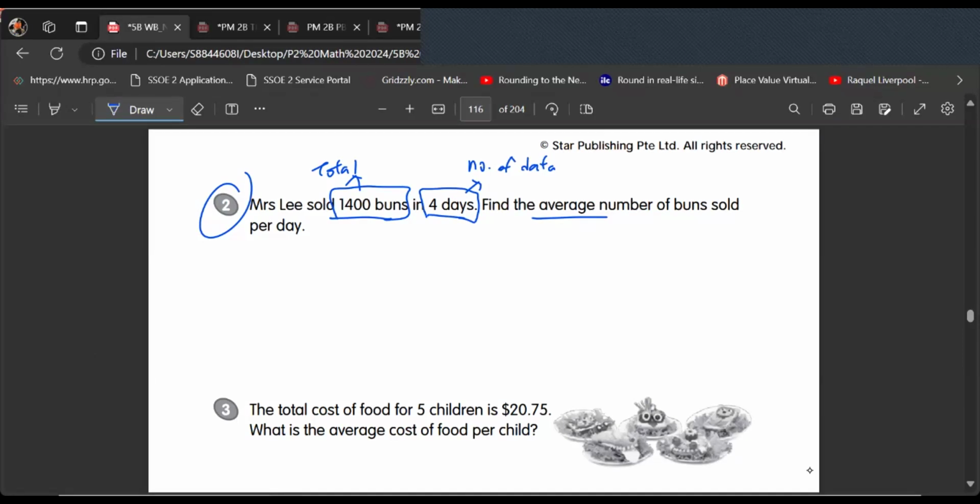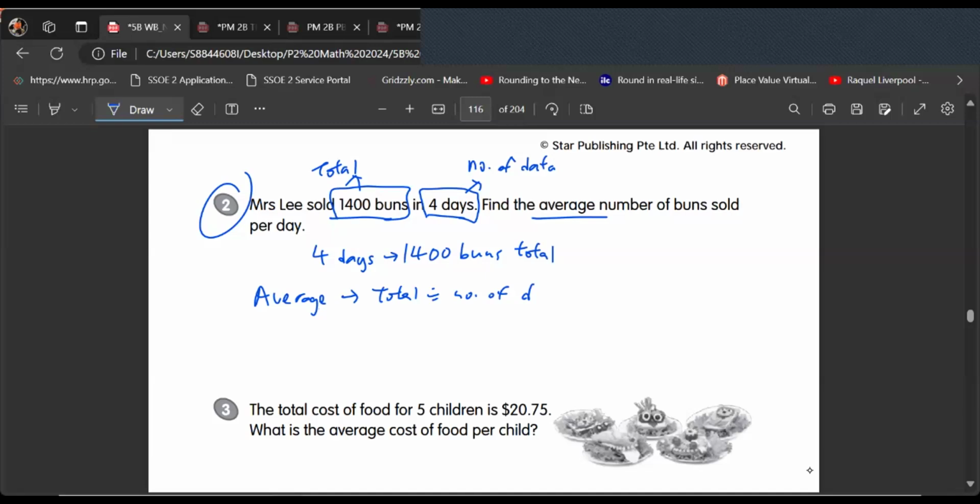Now, I'm going to use the same methods as you do for rate and percentage, like how Skylar's very good at. So I've got 4 days, 1,400 buns. That's the total. To find the average, you get the total, you divide by the number of data.